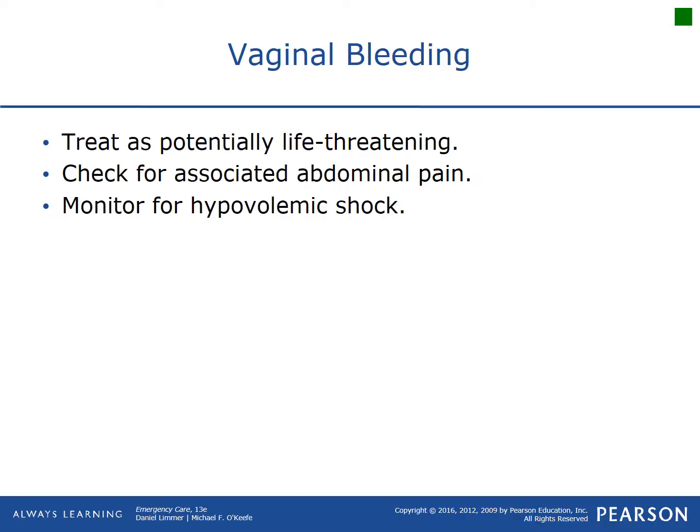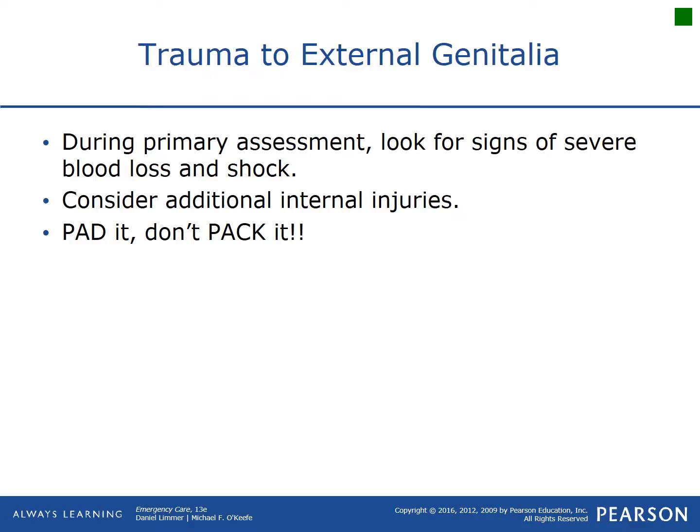Vaginal bleeding is always a bad sign, unless it is just that typical time of the month for the patient, and the typical kind of bleeding. Otherwise, any kind of bleeding like that, you're going to treat as potentially life-threatening. Check for other associated things such as abdominal pain, and check the signs and symptoms for shock: tachycardia, hypotension, pale, cool, diaphoretic skin.